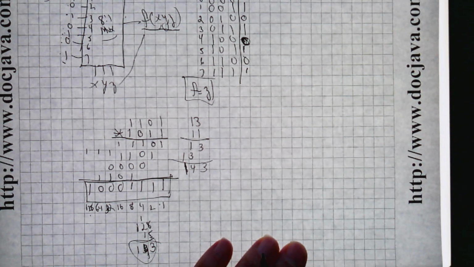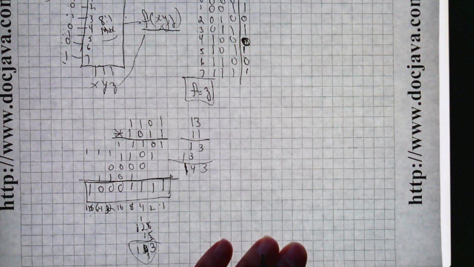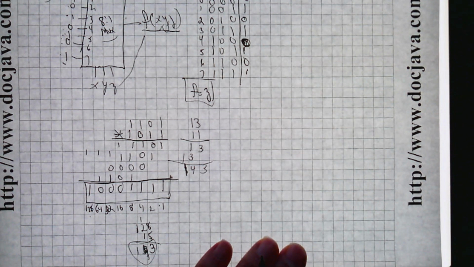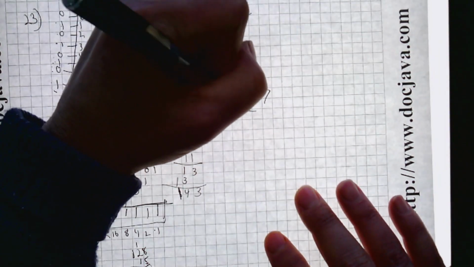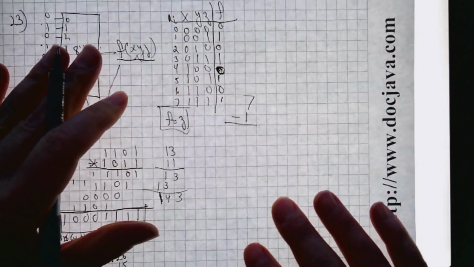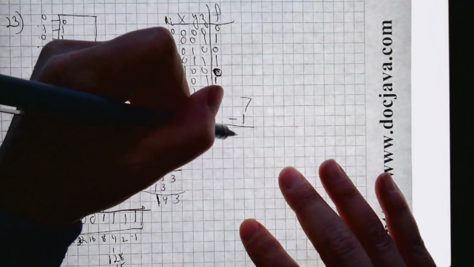Number 32. Compute 7 minus 1 using 2's complement. Assume there are only 4 bits available to represent the numbers. So 7 minus 1. 7 minus 1 is 6, right?